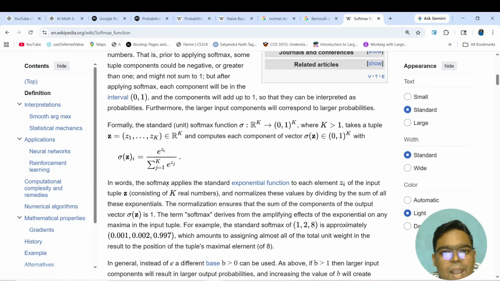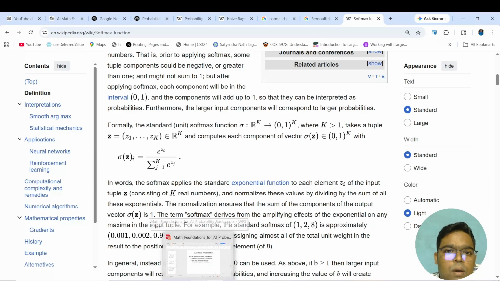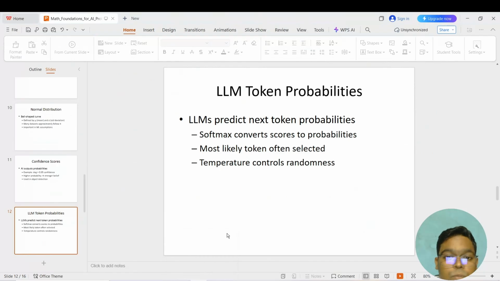It has a formula: e to the power zi divided by the sum over j equal to 1 to k of e to the power zj. That's why it always lies between 0 and 1, and its sum is always 1. So it converts the values into a 0 to 1 probability.